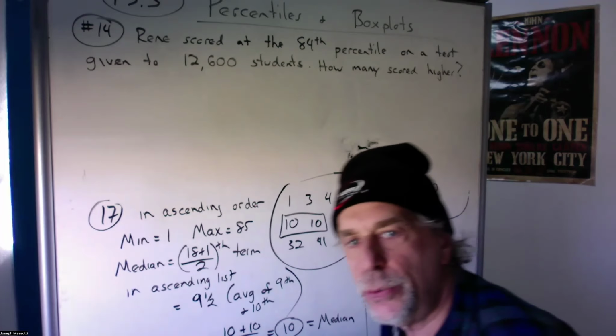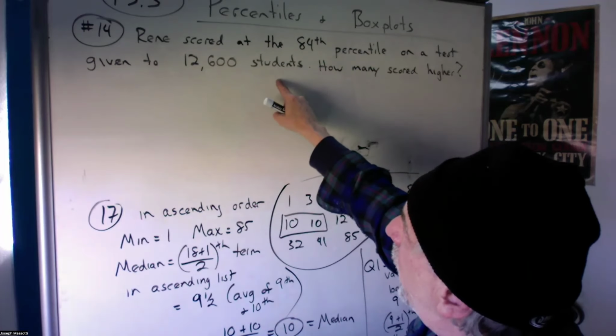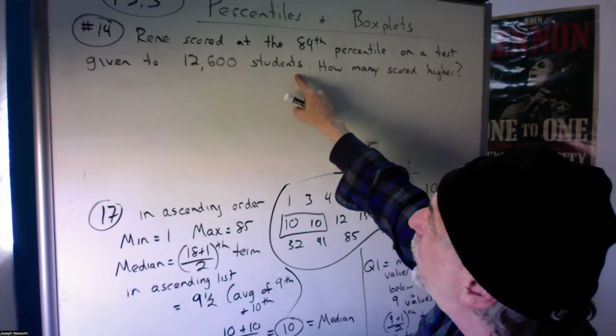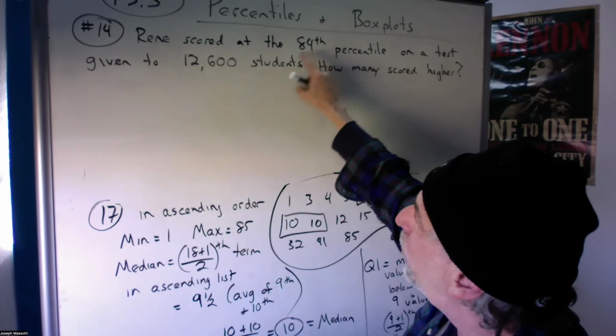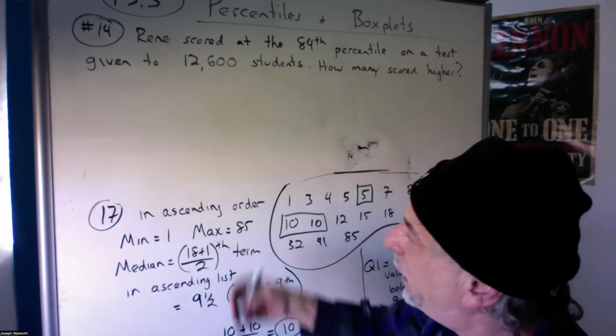So you can look at this from two different directions. You can figure out how many students scored below her, because 84% of that number scored below her.